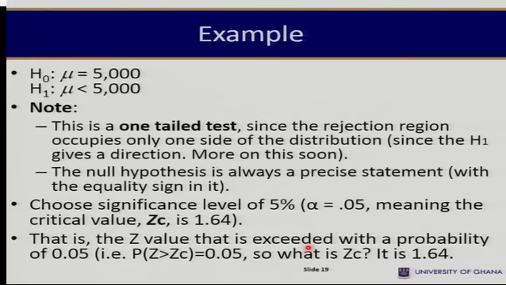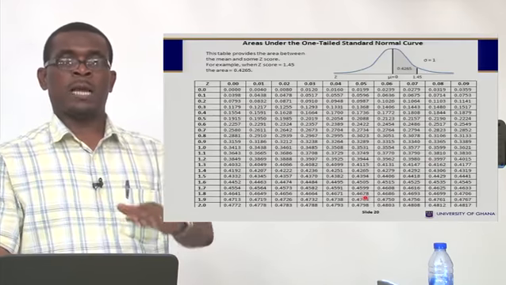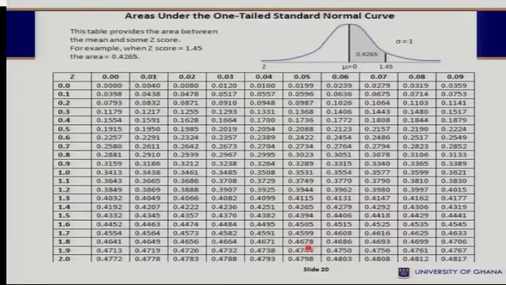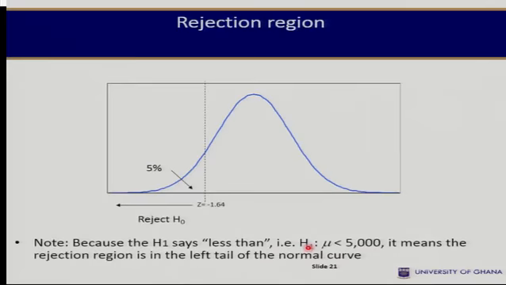As simple as that. We've dealt with this earlier, so I'm using these terminologies for you to appreciate it. The table is here to show you how we obtain the 1.64. You could alternatively use 1.65. It doesn't change anything. Since the alternative says less than, our rejection region is in the left tail.